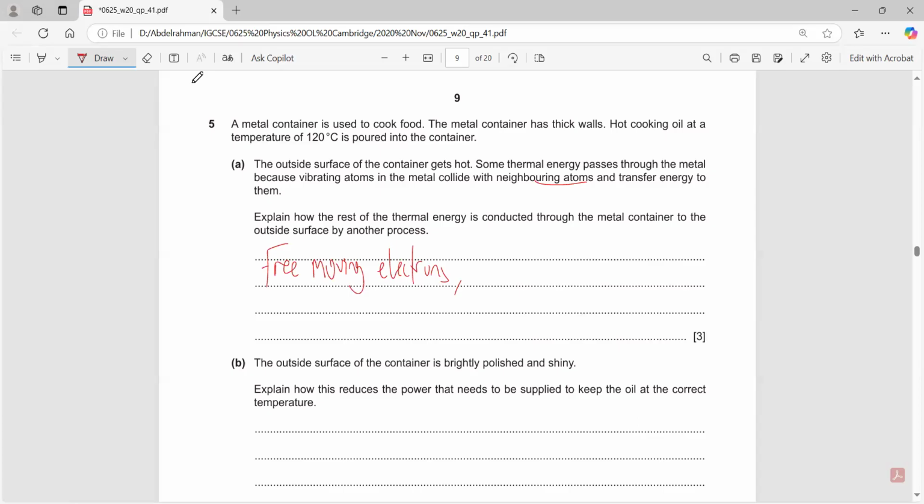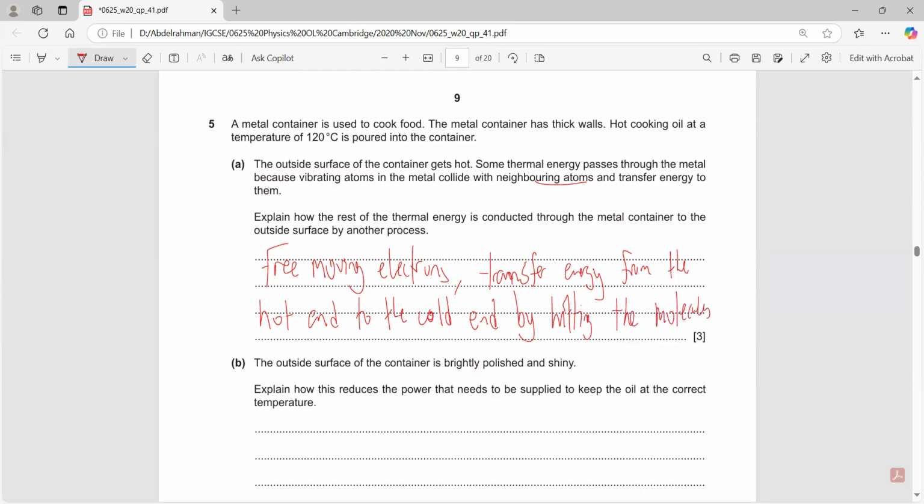They move freely between the molecules, and they transfer energy from the hot end to the cold end by colliding with the molecules as they travel between them.